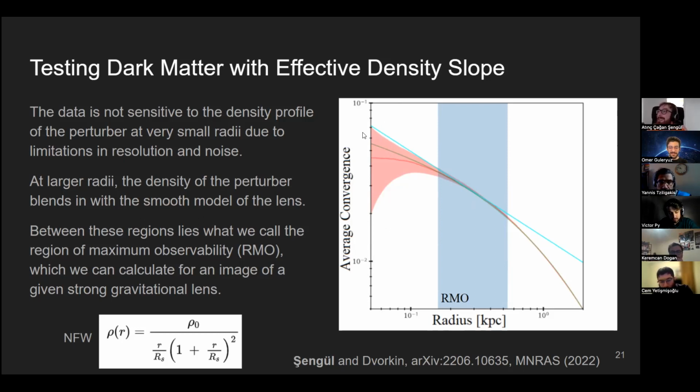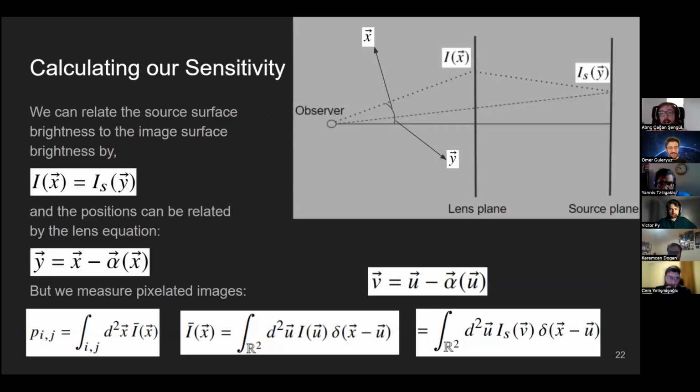So it explains the data as well as fitting it with an NFW. So strong lensing cannot differentiate between an NFW, which is this green curve, and the cyan curve, which is a single power law. And the question is why? So that's the thing that we derived mathematically. I will wrap up very quickly. I'll go over the math somewhat quickly to explain how this comes about. So you have some source light distribution.